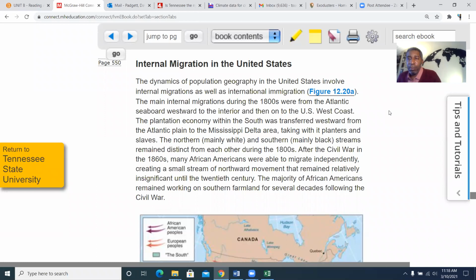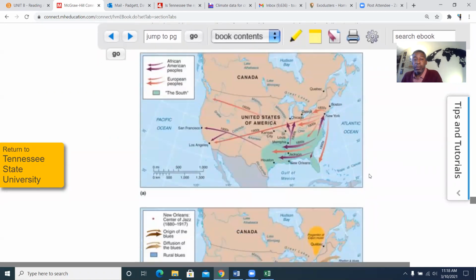In the textbook on page 550, we see the discussion on internal migration in the United States. As you can see, we spent a lot of time last time talking about the Great Migration, that is the migration of African American people from the South to the North during the 20th century. You can see these arrow symbols represent Black people moving from the South to the North.